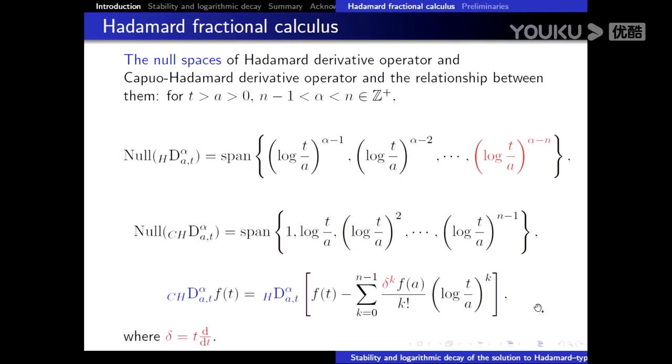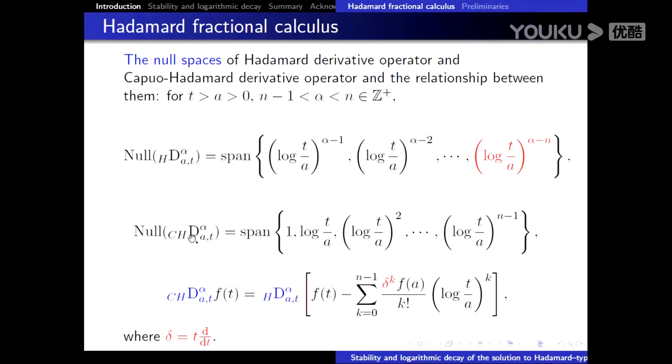Now we show the null spaces of these two kinds of derivative operator. For the Hadamard derivative operator, its null space is given like this. Here the power is alpha minus 1, alpha minus n is negative.